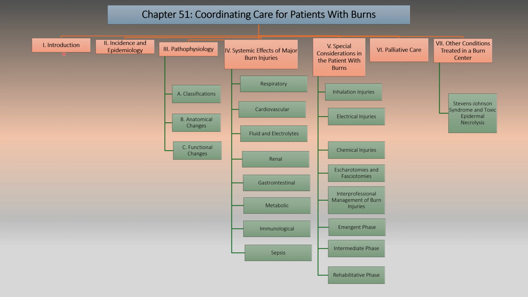For instance, for partial thickness burns, the TBSA, the total body surface area. Burns involving the face, hands, feet, genitalia, major joints, full thickness burns, and inhalation, electrical, chemical injuries.